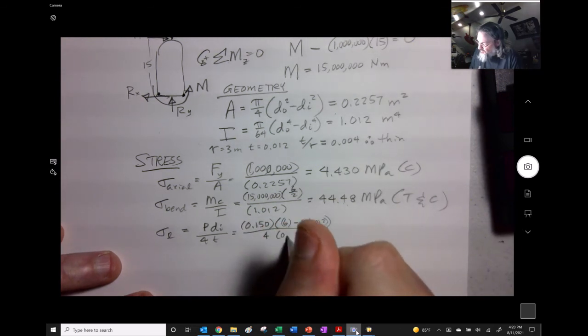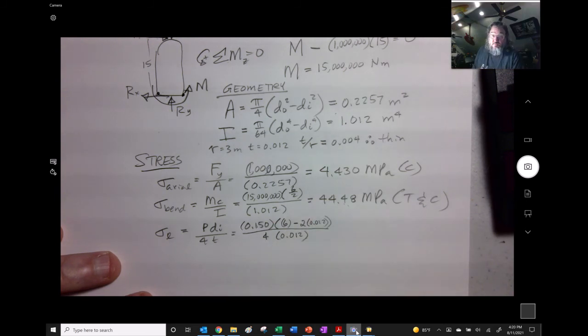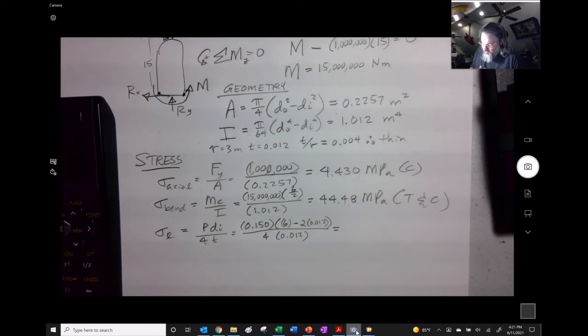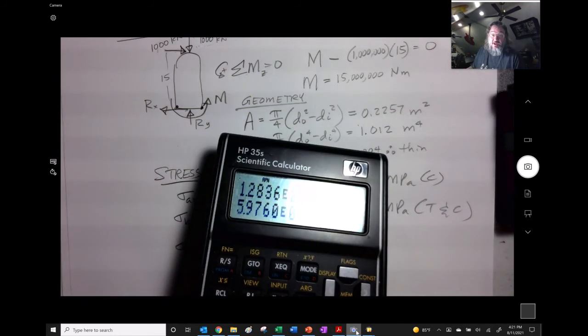4 and divided by 0.012. So what does that end up equaling? I don't think it's a lot. 6 and 0.012 times 2 minus, we get 5.976.